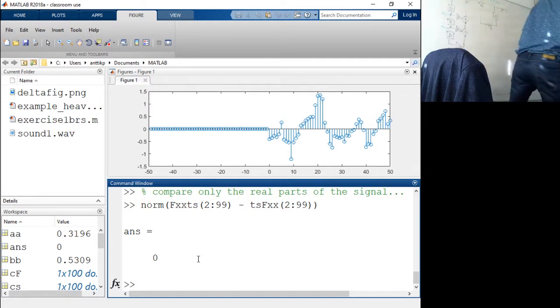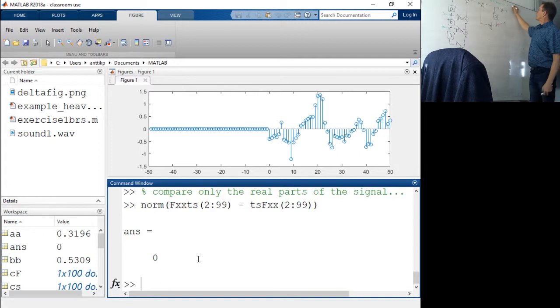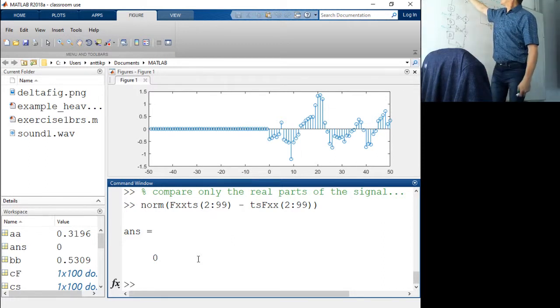Feedback part, start from here. Now you have y of n minus 1 multiplied by 0.4 plus. Okay, that's the difference equation. y of n equals that.